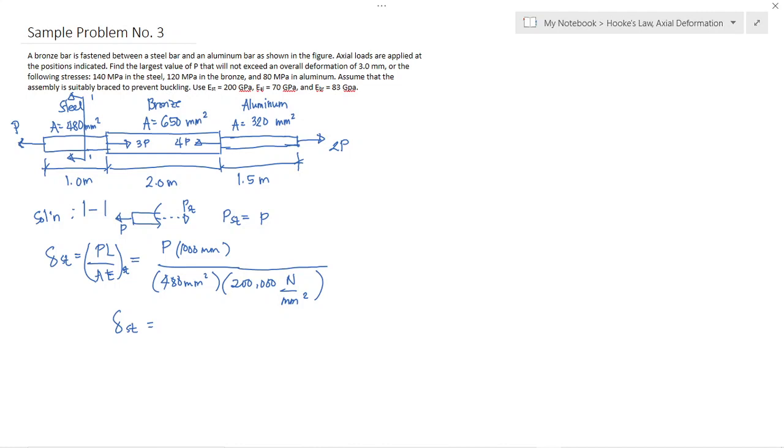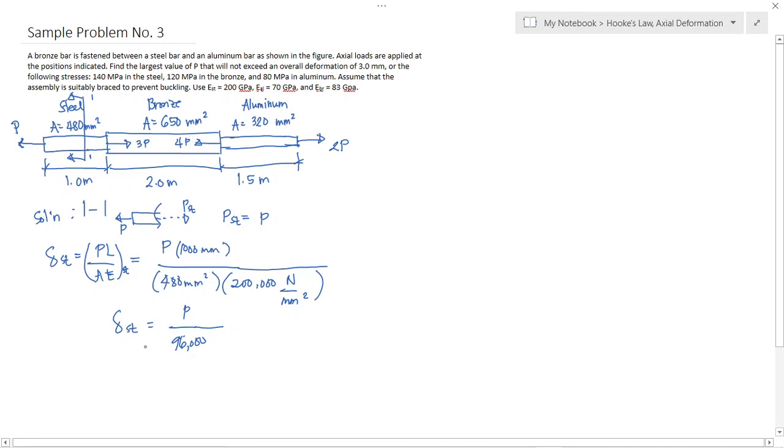That is equivalent to 1 over 96,000, so P over 96,000. Okay, this is in millimeter, and P in Newton.